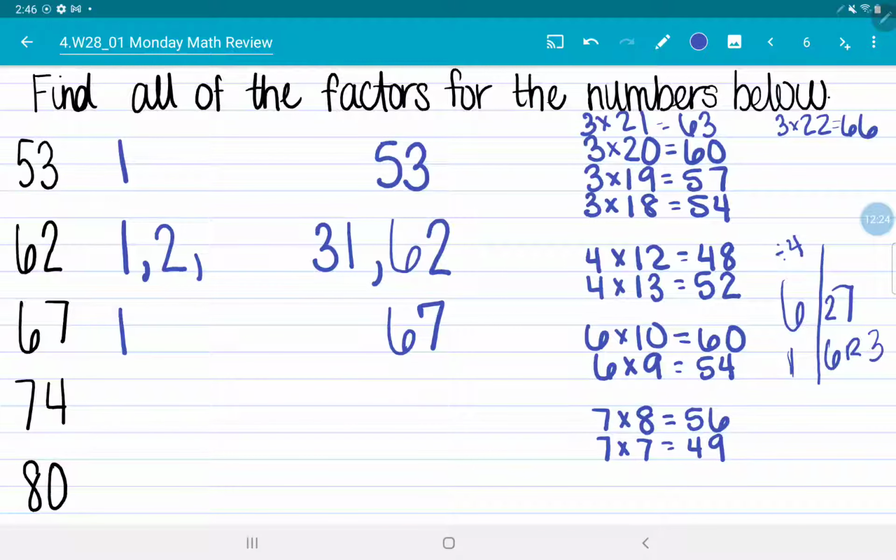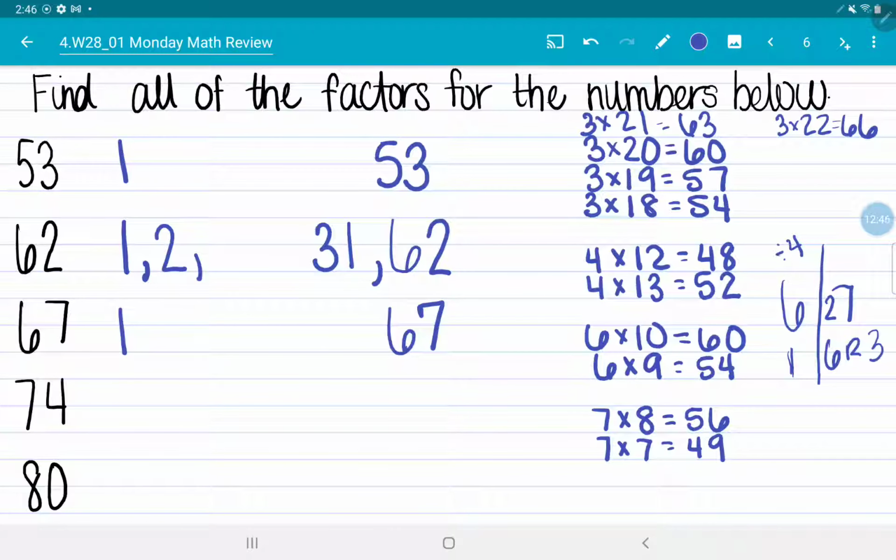How about 5? Nope. I don't have a 5 or a 0 in the ones place. Okay. 6. Nope. 6 times 10 equals 60, and 6 times 11 is 66, so that's not going to work. 7.